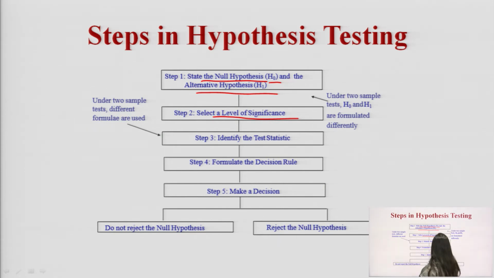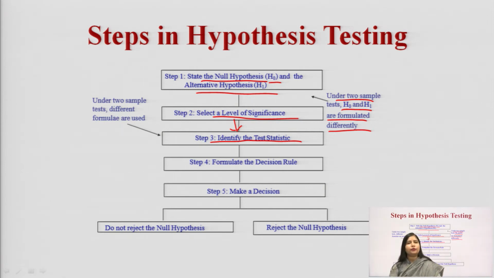And under the two sample test, H1 and H2 are formulated differently, meaning if you are using two samples, then you formulate the hypothesis statements differently. After deciding your level of significance, we move to identify the test statistic, meaning what test or stats we want to use to prove our hypothesis.